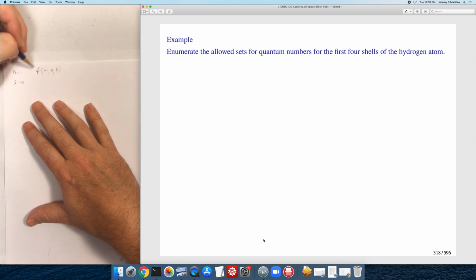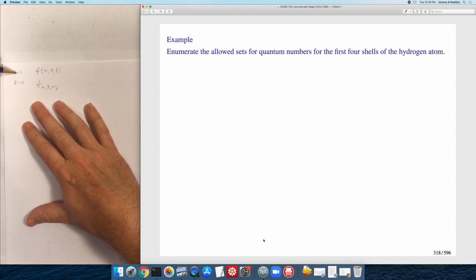This function depends upon the three quantum numbers that we're talking about. So it's really a function that depends on n, L, and m sub L. Okay, so we use these quantum numbers to identify what function we're talking about.